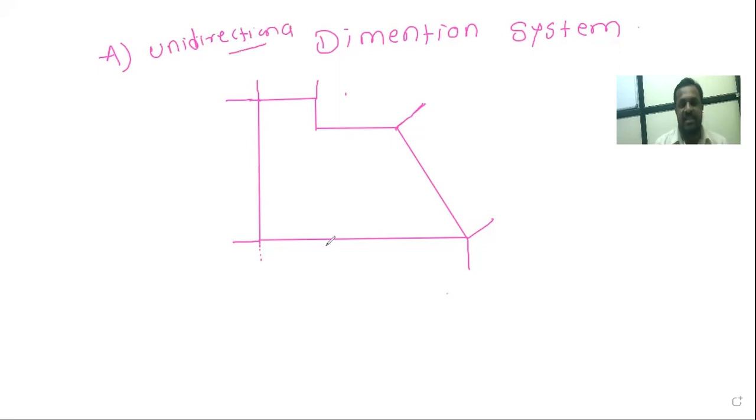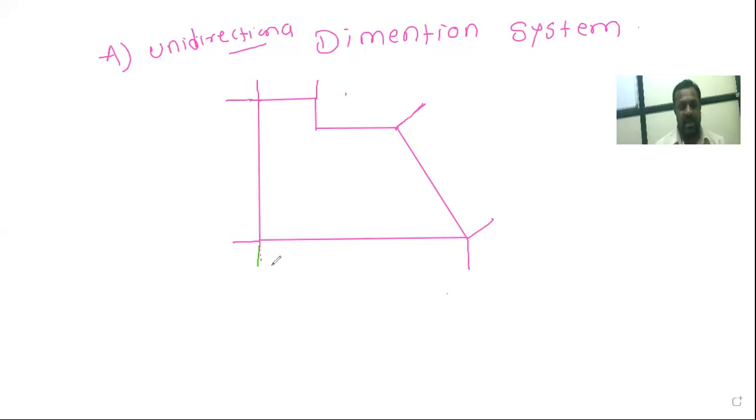In this unidirectional dimension system, again a similar process: we first have to draw the extension line, and then we have to take the dimension line. काय करायचं बघा, in that unidirectional system, we have to show the dimension like this.